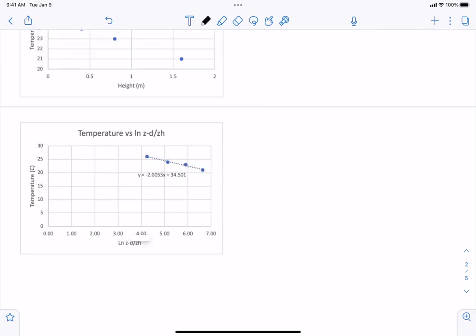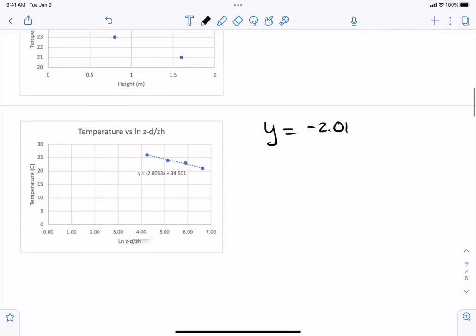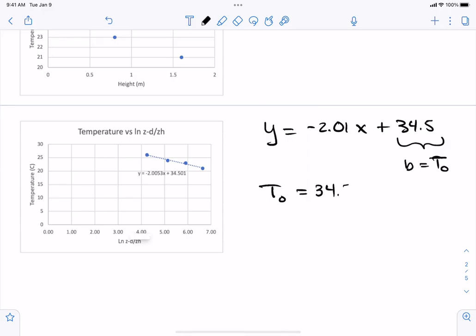So the equation that we have here is y equals minus 2.0, and I don't know, significant figures, maybe 2.01 times x plus 34.5. Well, what we learned above is that from this equation, this b value was equal to T0, our aerodynamic surface temperature. So our surface temperature is 34.5 degrees.